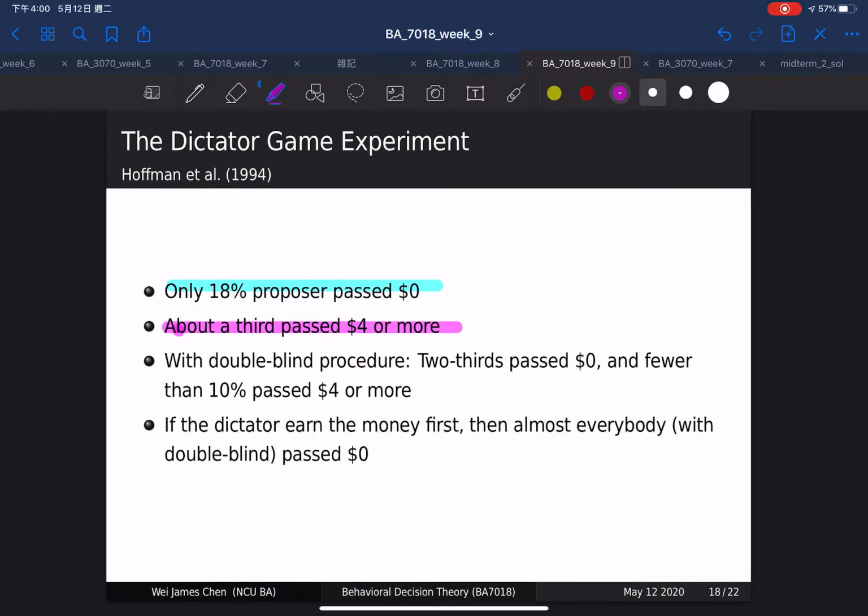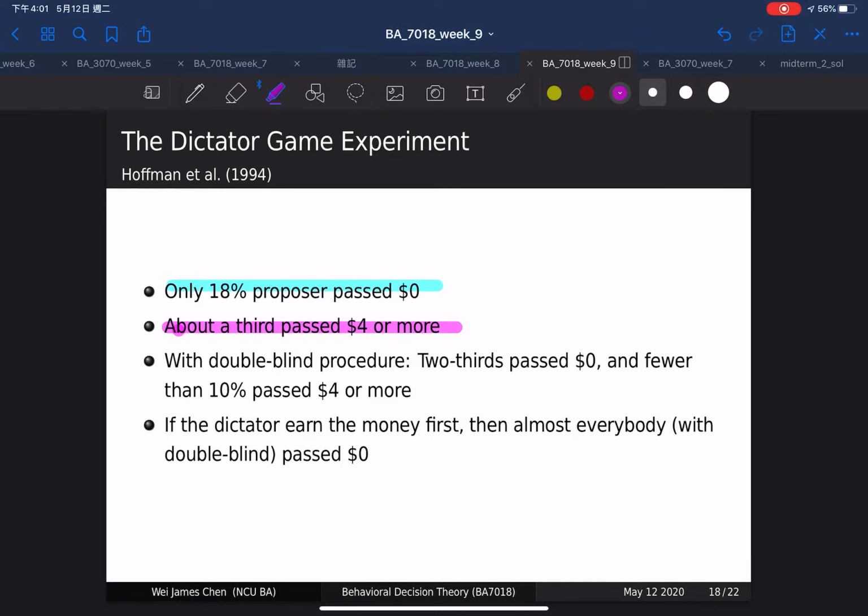So they do this in a double-blind version where basically nobody can know how much the subjects propose, and they put their money into an envelope, and the envelope is scrambled and then displayed to the next, and the experimenter really cannot identify who proposed what, but they still know the whole statistics, right?